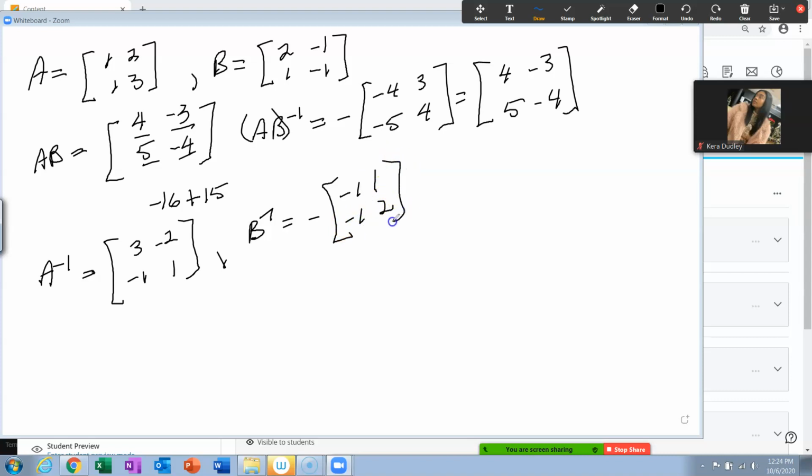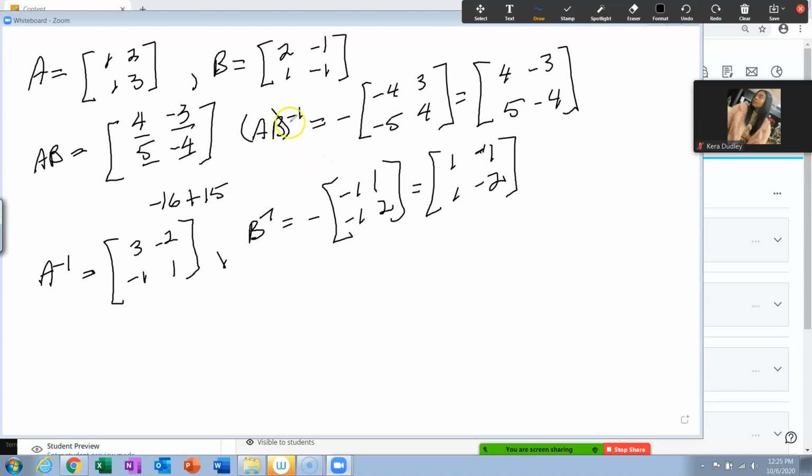Okay, and now carry that through, make it a 1, -1, 1, -2. Now that's A inverse and B inverse.